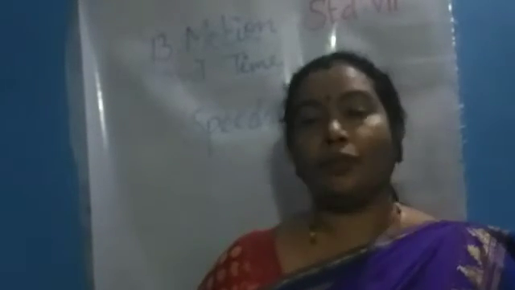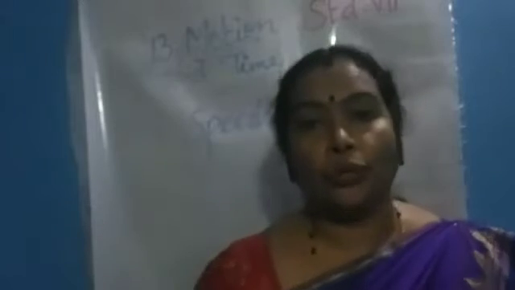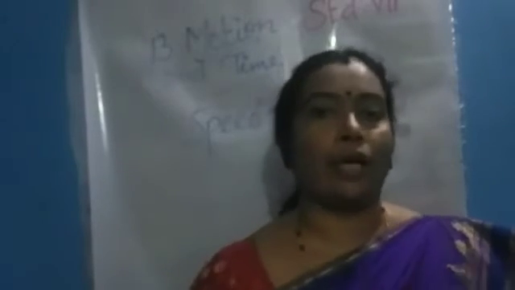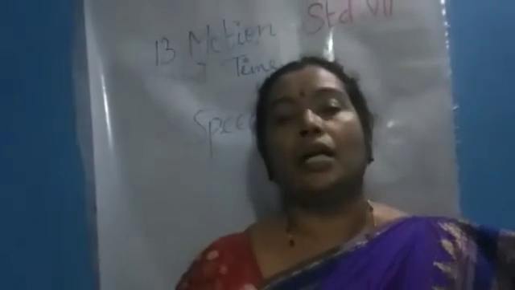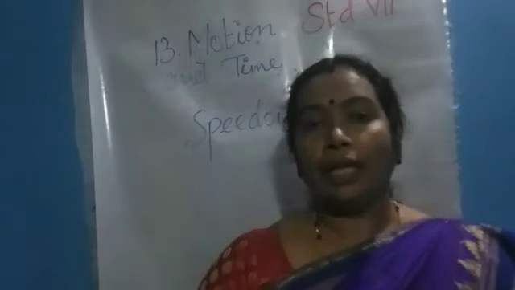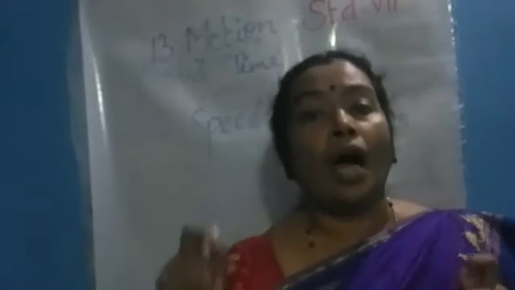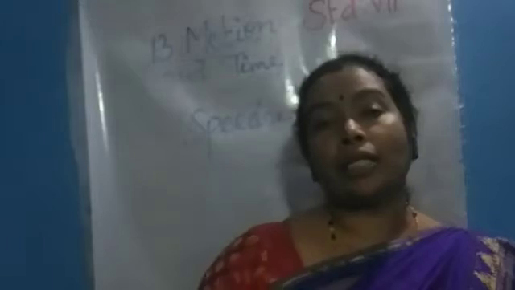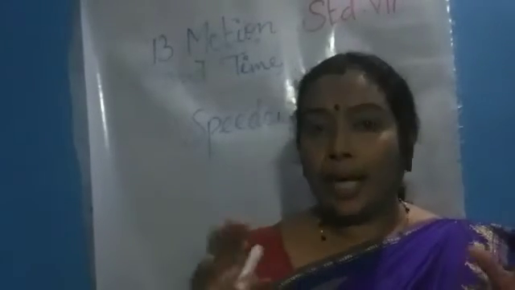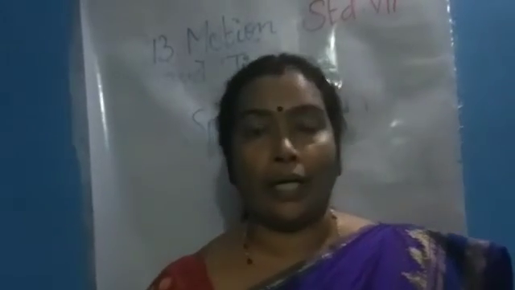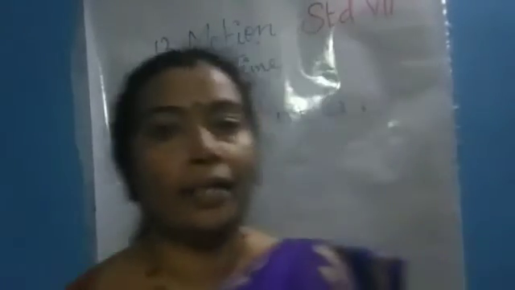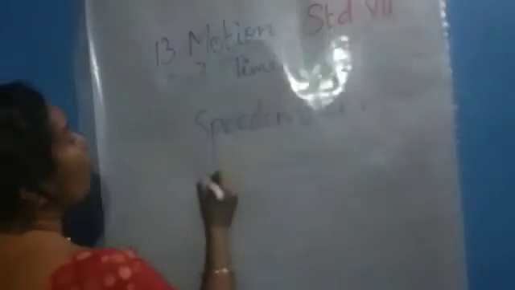When we are buying a new vehicle, for example a scooter, from the starting day till now, the total distance it has covered is shown by another dial, which is called the odometer. What is that? Odometer.